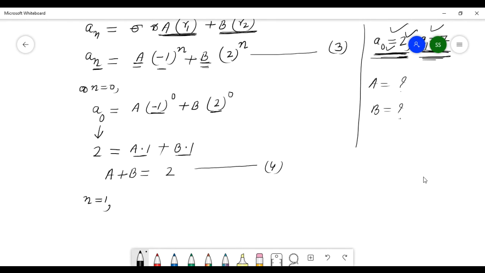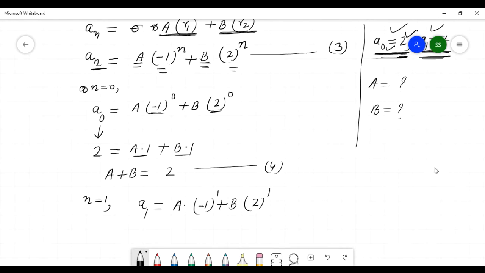Here. a1 means n equals 1: a1 equals A times (-1) power 1, and plus B times 2 power 1. It's okay or not?